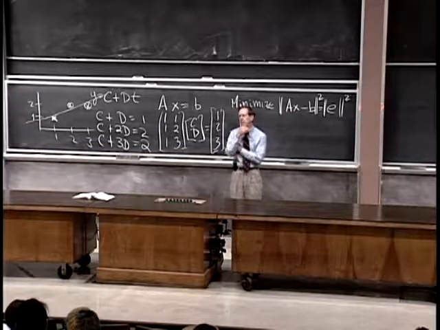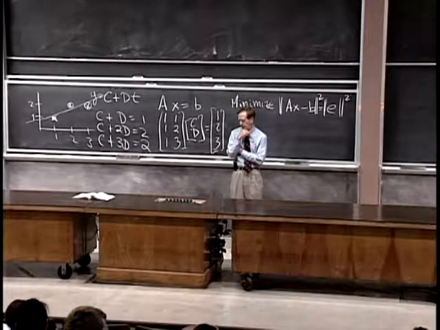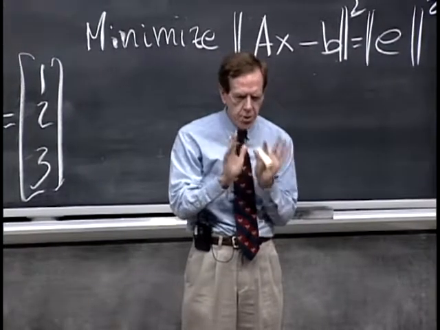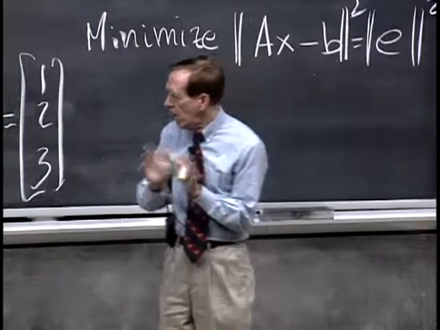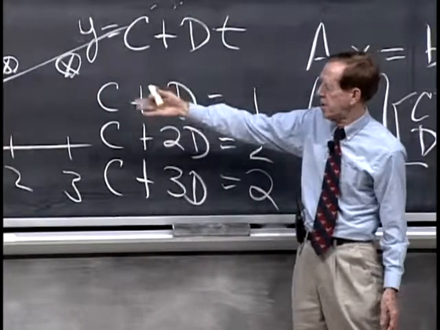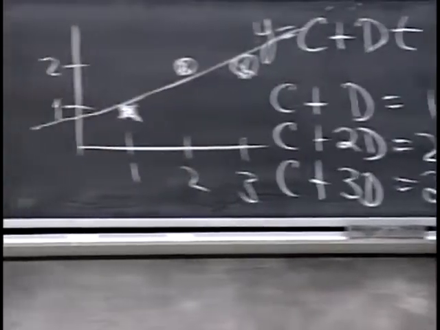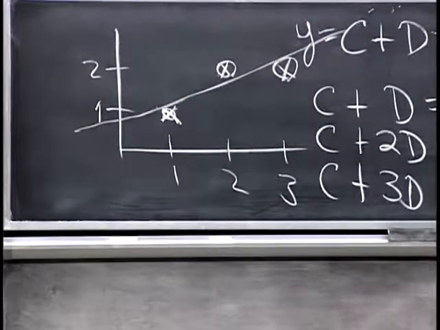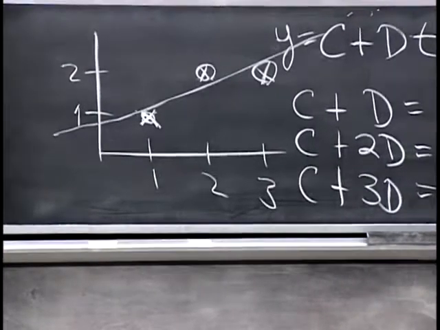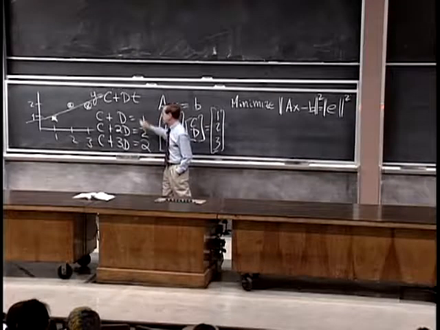I guess what I'm trying to say is there are 2 pictures of what's going on. One picture is this, the 3 points and the line. And in that picture, what are the 3 errors? The 3 errors are what I miss by in this equation.